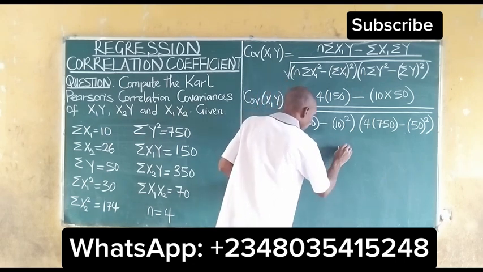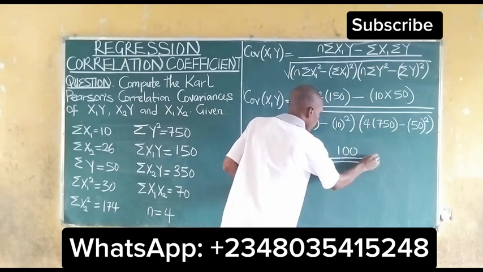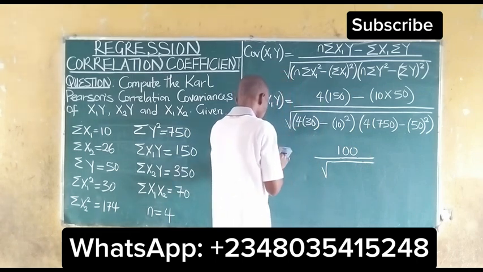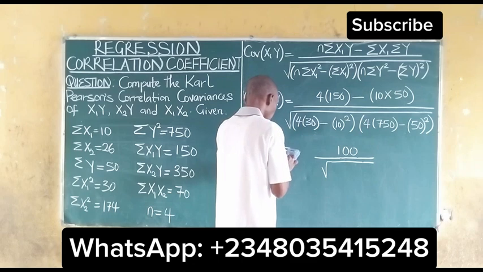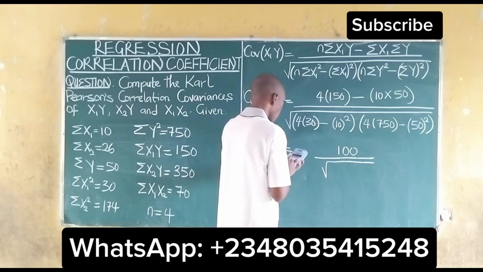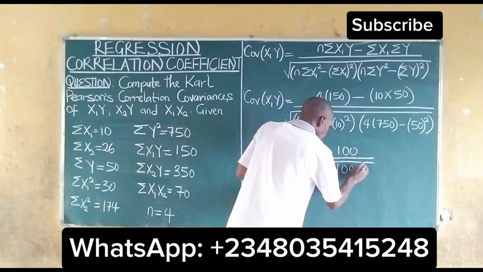We get 100, all over the square root of, now we do this, 4 into 30 minus 10 squared, multiplied by 4 into 750 minus 50 squared, which is equal to 10,000.